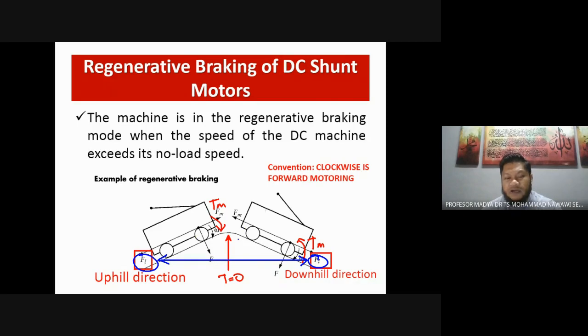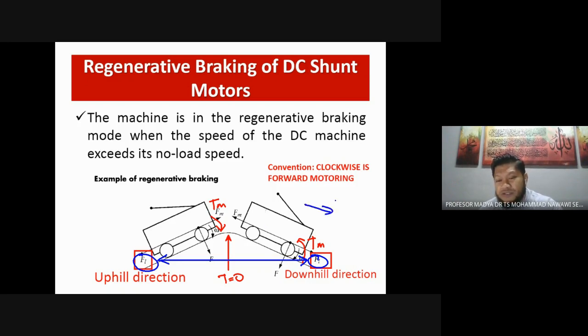During the movement of the car, going uphill, the load force is to the downhill, and if the car goes in the downhill direction, the load force is actually going down the hill. So it is actually dragging. If you do nothing to your motor, your car will go over speed.